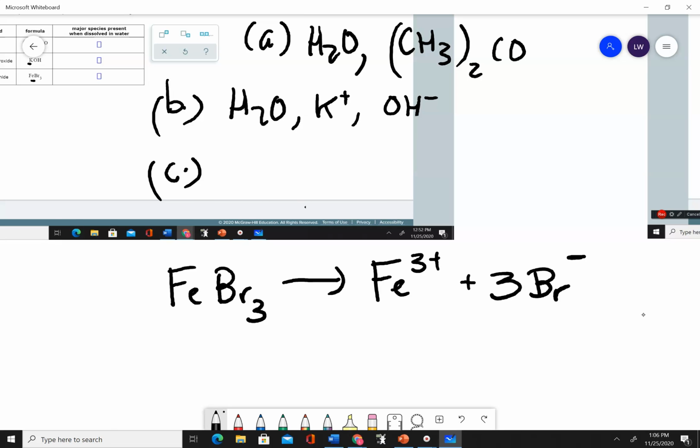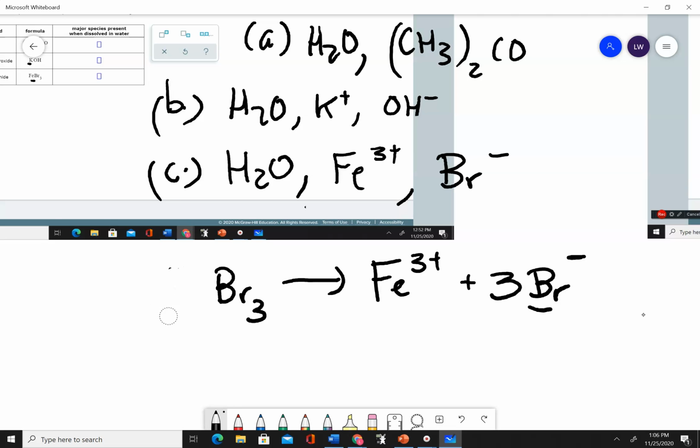One is the total negatives have to balance the total positives, but the other reason is that bromine is in group 7A, and the halogens always form a -1 anion. So the major species will be water, and then there will be smaller amounts of Fe3+ ions and Br- ions.